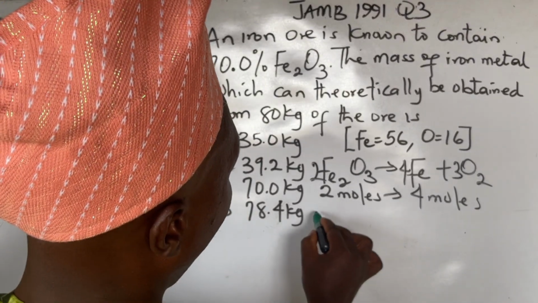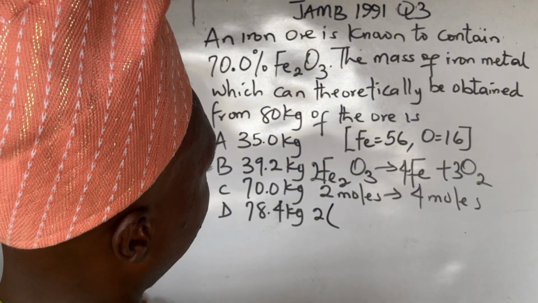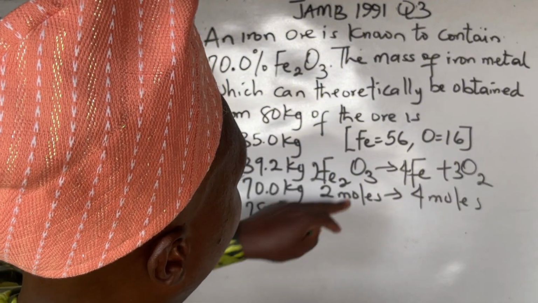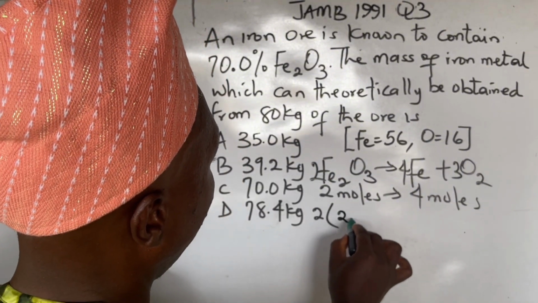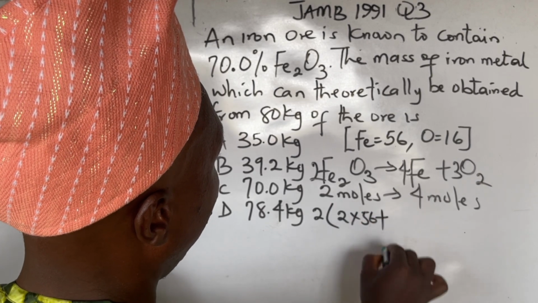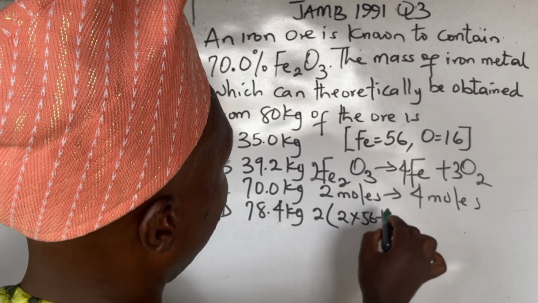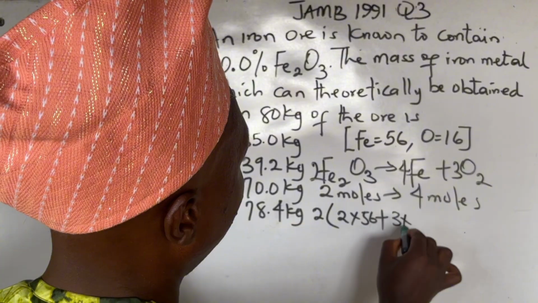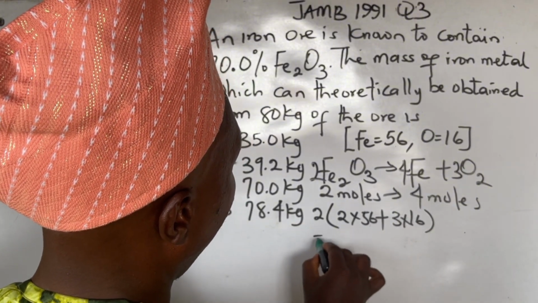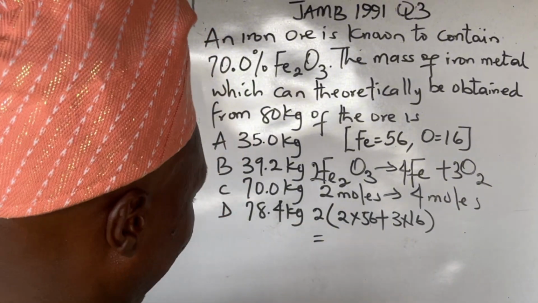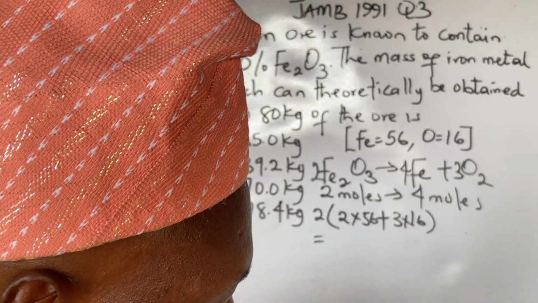So let's get that one. That one will give you 2 into bracket. So this 2 here into bracket. This 2 here means 2 times 56 plus 3 times 16. So let's evaluate that. 3 times 16 is 48 already. So let's quickly do that.